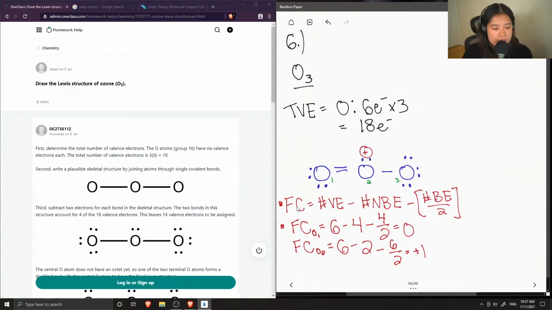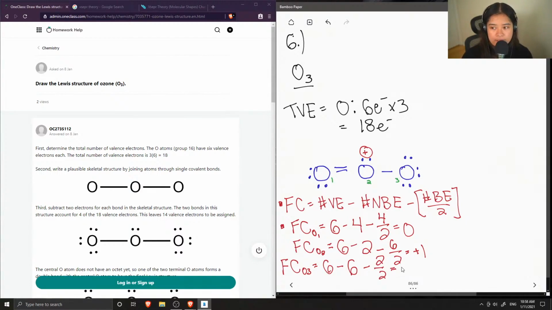And now let's do the same thing for our last oxygen. 6 valence electrons. There are 6 non-bonding electrons, and there's a single bond to oxygen, so 2 divided by 2.